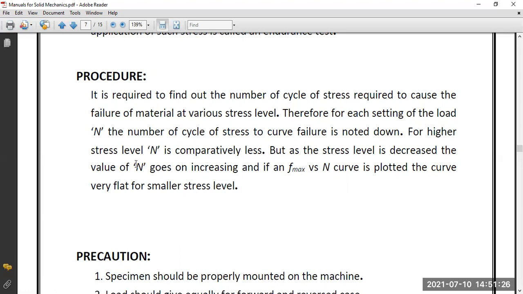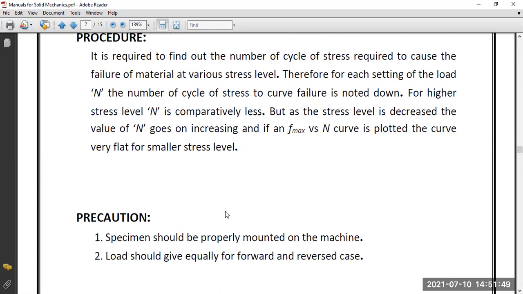For a higher stress level, N is comparatively small. As the stress level decreases, the value of N increases, and when plotted, the curve becomes very flat for smaller stress levels.